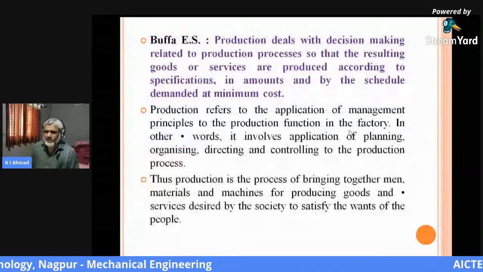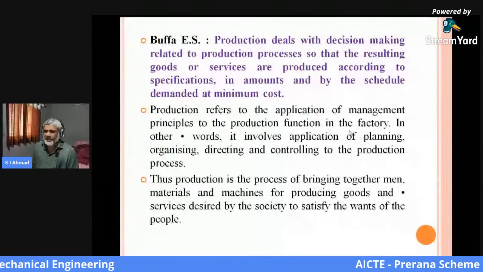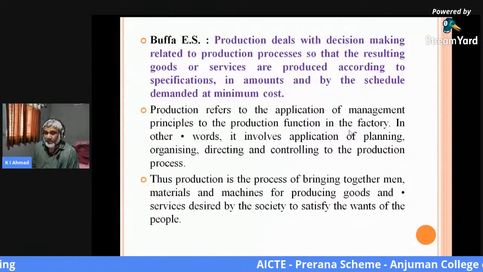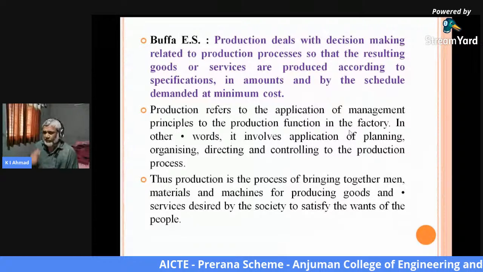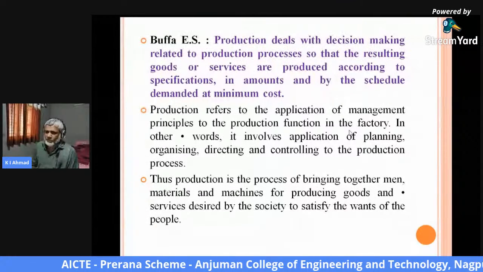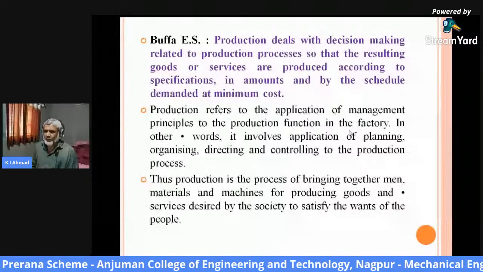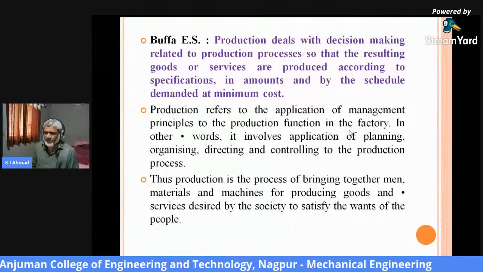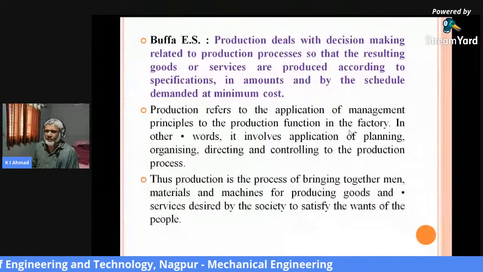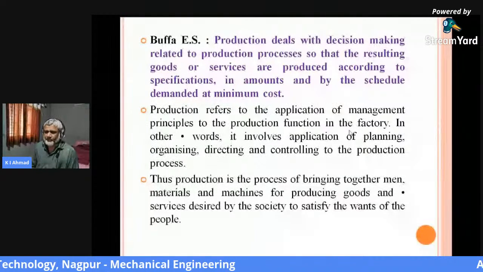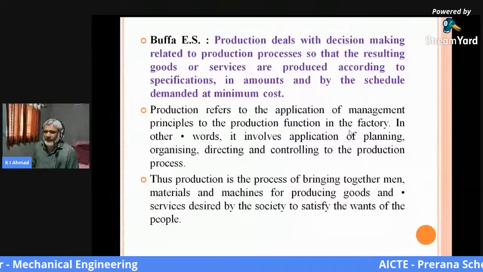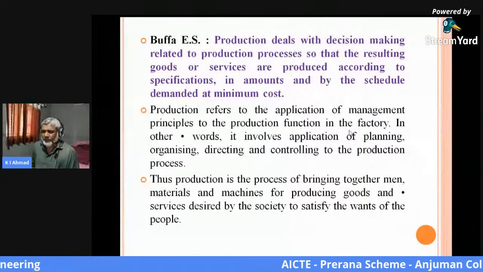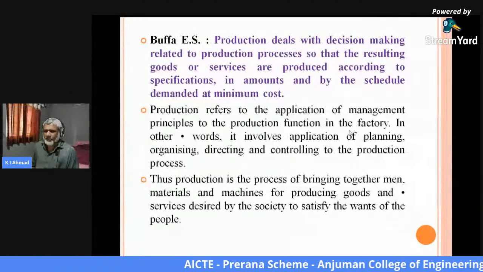Similarly, Buffa says production deals with decision making related to production processes so that the resulting goods or services are produced according to specifications, in amounts, and by the scheduled demand at minimum cost. So, production refers to the application of management principles to the production function in the factory.